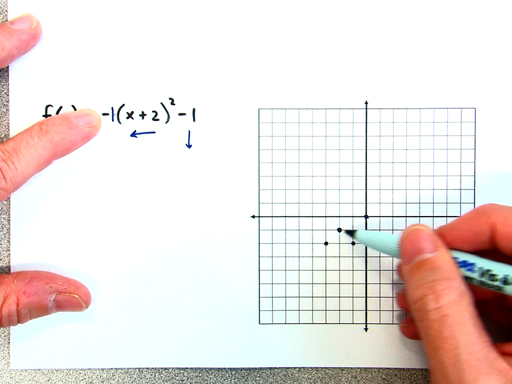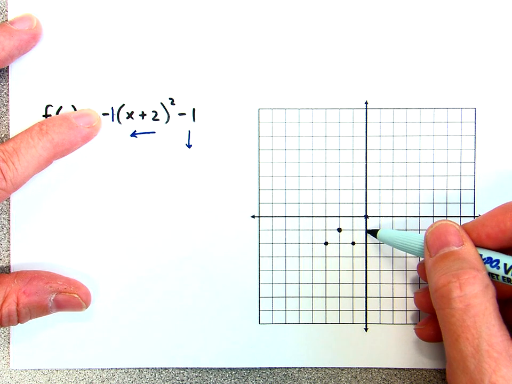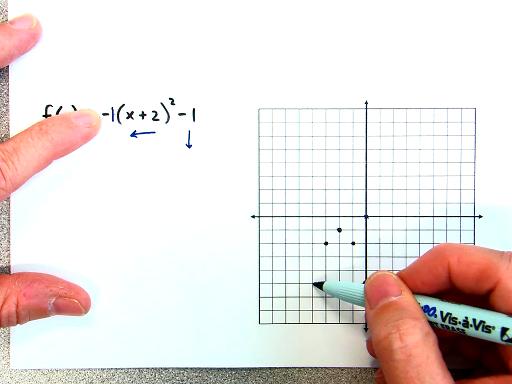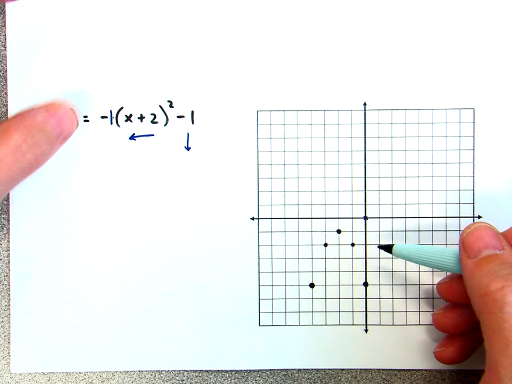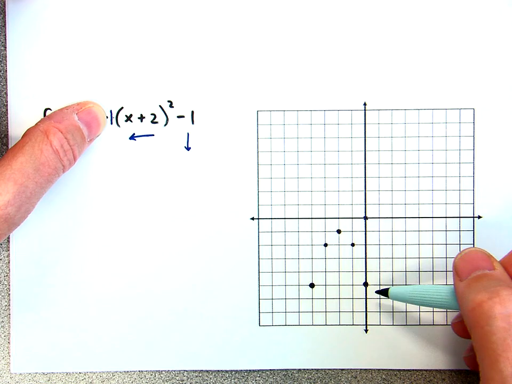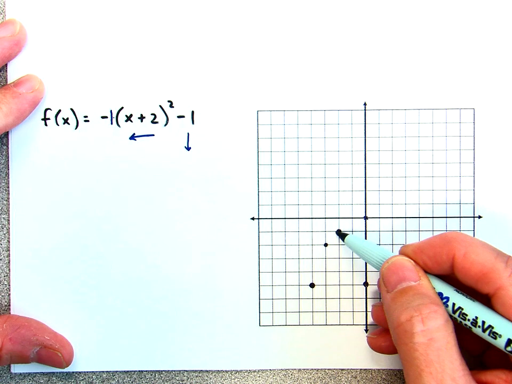So from where the vertex is, not the x-axis, from the vertex, when I go out 2, I'm going to go down 4. 1, 2, 3, 4. So since a was essentially a 1, the shape didn't change, but the negative reflects it. So it's going to be facing downwards.